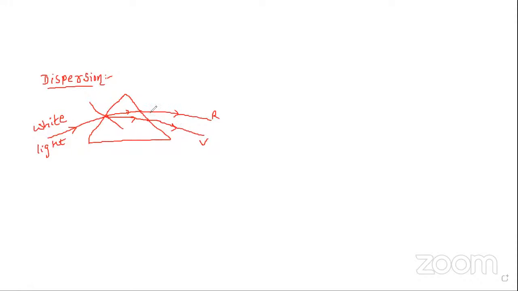In the absence of this prism, this ray would travel along straight, right? This is called the deviation for red. This is called the deviation for violet.